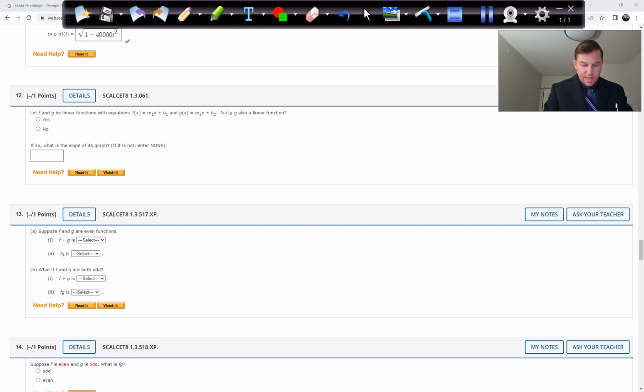So if f is m1x plus b1 and g is m2x plus b2, f of g would be take the g function and place it into the f function, which would be f when x is replaced with m2x plus b2.